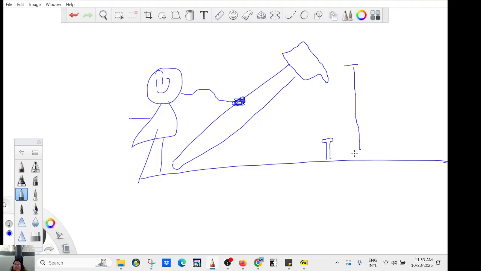So a very small force times a huge distance will equal the following: the nail is going to go in by a very small distance, so the force applied to the nail will be huge. A huge force times a tiny distance.